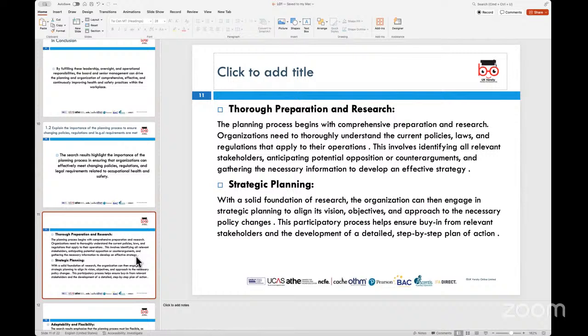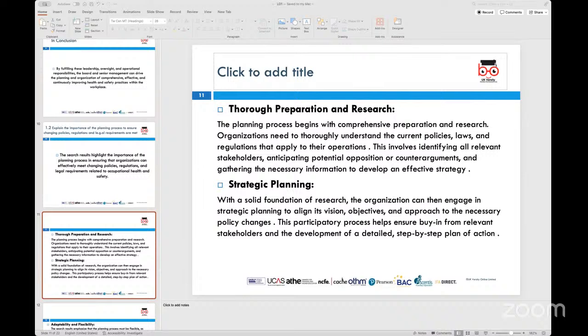But there has to be a very clear-cut plan of action which needs to be put into place, and that clear-cut plan of action might be an action that the health and safety manager would need to essentially take.